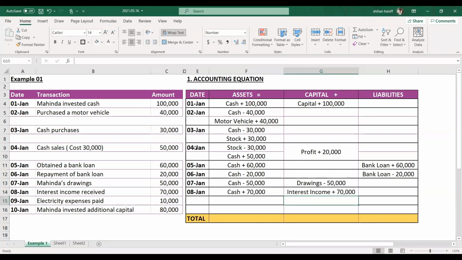9th January. Electricity cash minus 10,000. Capital minus 10,000. 10th January.